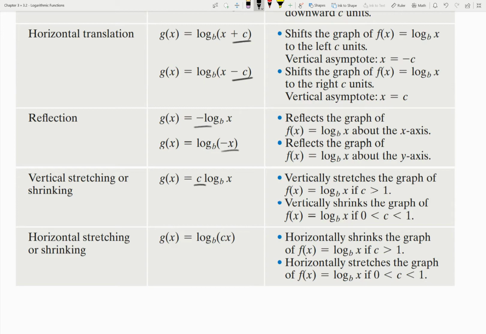A number in the front vertically stretches the function if it's bigger than 1. It vertically shrinks the function if it is between 0 and 1. And a number inside the logarithm horizontally shrinks the function if it is greater than 1, and horizontally stretches the function if it is between 0 and 1.